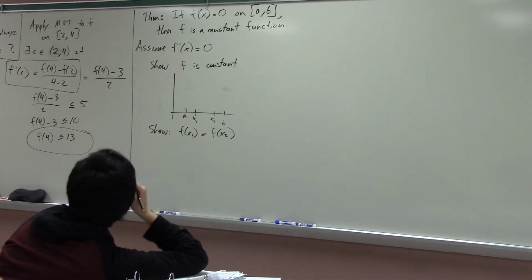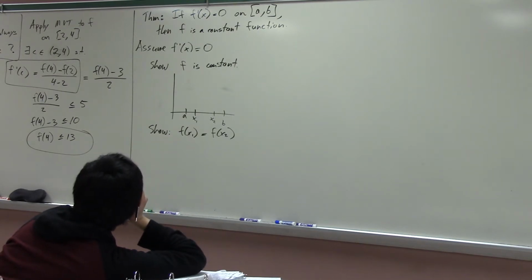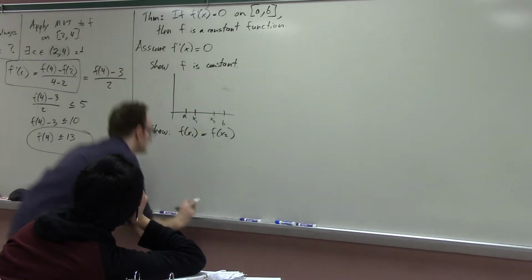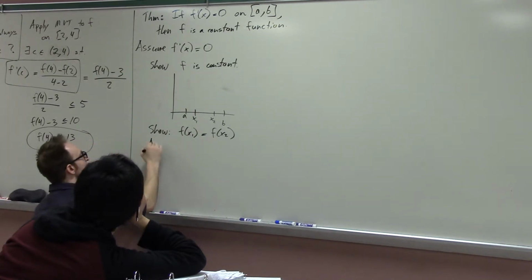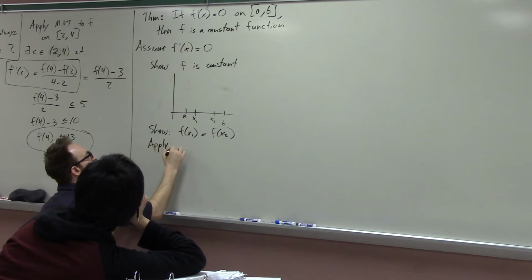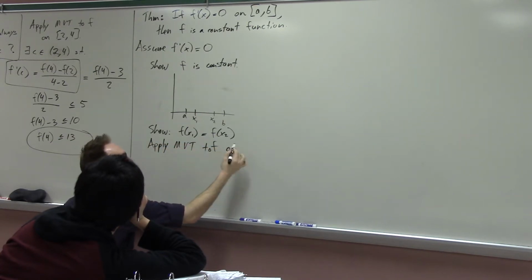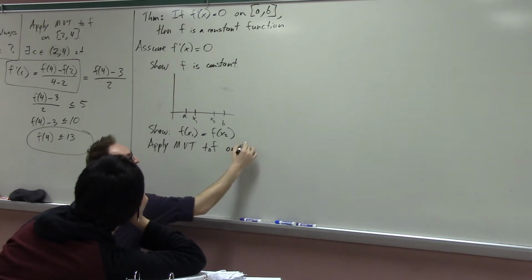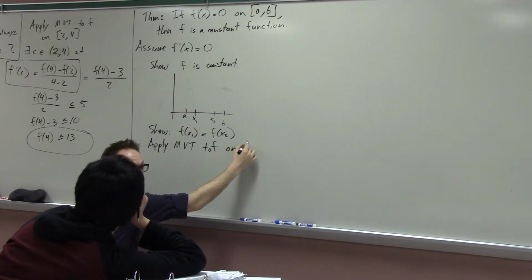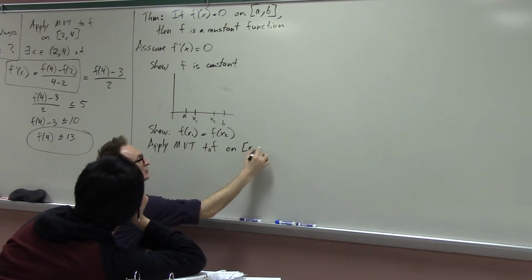Russell? That's the only way to make the derivative 0. Yeah, let's be a little bit more careful about that. Basically what we're going to do is apply the mean value theorem to f on the interval x1, x2.